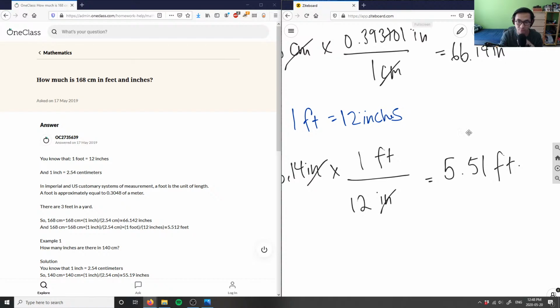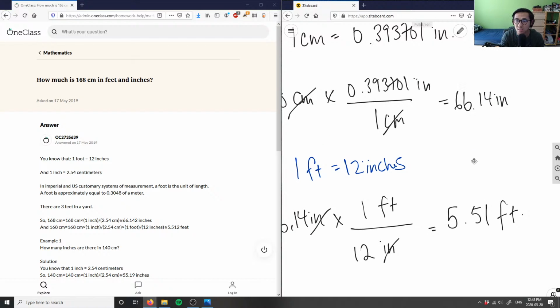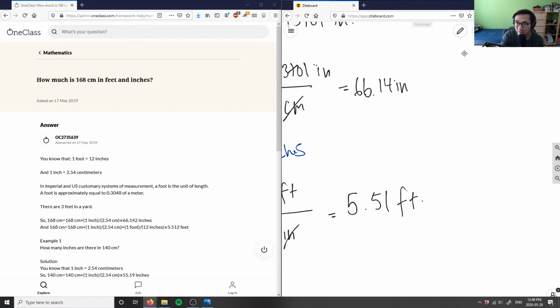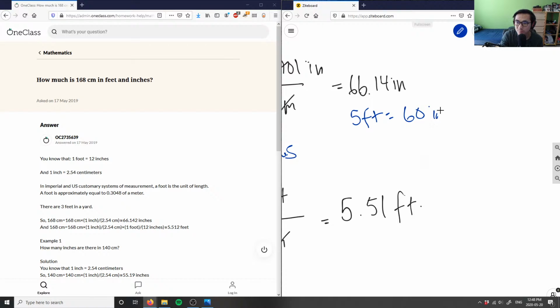So if I want my answer in feet and inches, I can say that I have 5.51 feet, or if I want to say feet and inches, what I can do is I know that 5 feet is 60 inches, right? So 5 feet here is equal to 60 inches, because I know that 1 foot is 12 inches. I simply multiply both of these sides by 5 to get the equation on top.